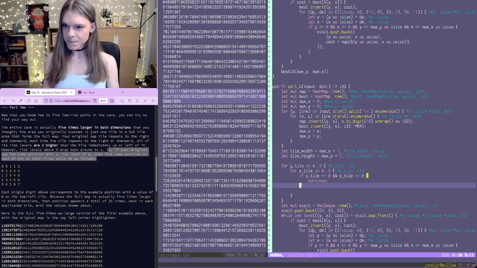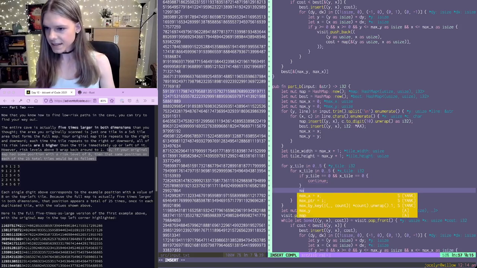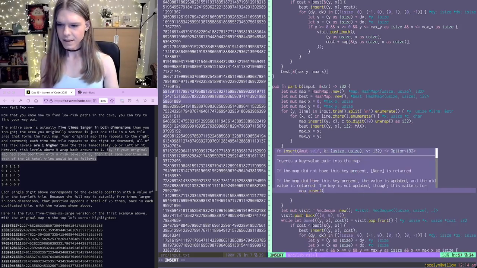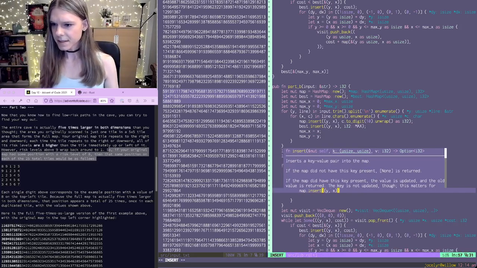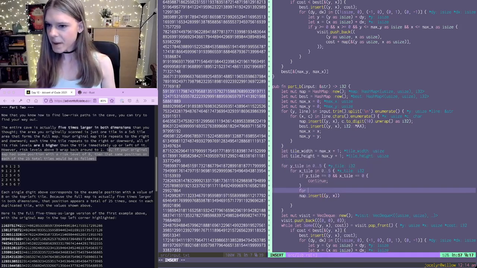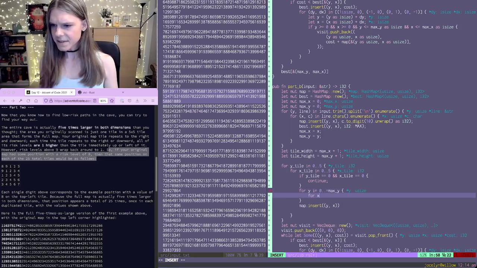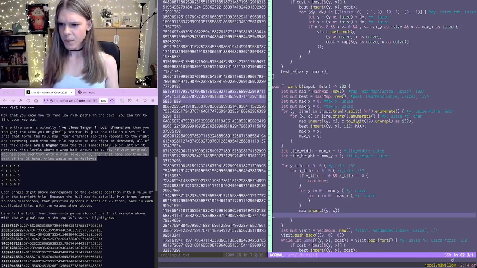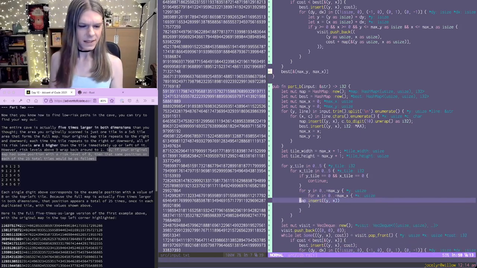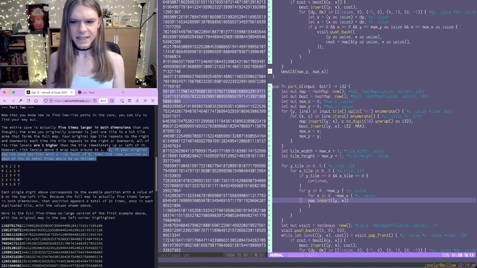All right, so now we're going to insert, for y in 0 to max y, and for x in 0 to max x, we're going to figure out what that tile should be.